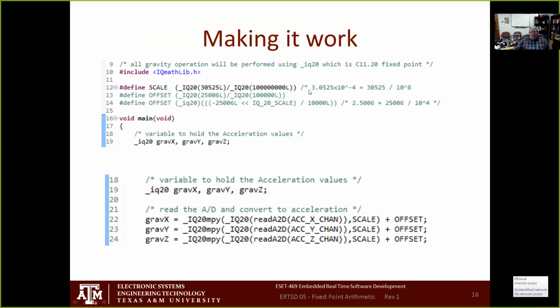How do I make this number as a constant? If I have in my IQ 20, I can express this guy.